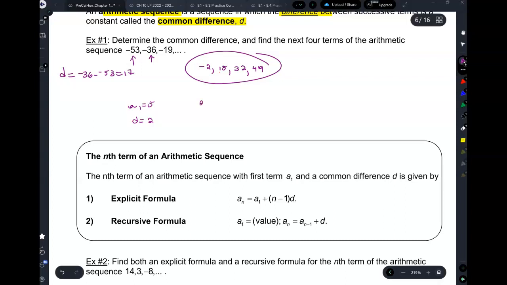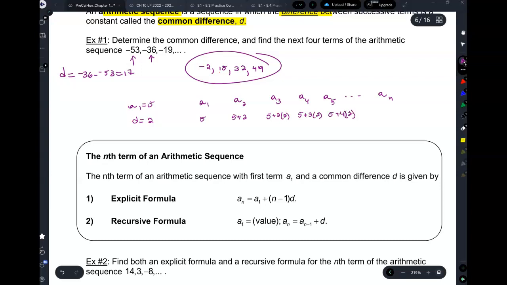Let's write down all the numbers: A1, A2, A3, A4, A5, and then we're going to go to AN, okay? So A1 is 5, right? A2 is 5 plus 2. Then 5 plus 2 plus 2, so 5 plus 2 times 2. Then 5 plus 3 times 2. Then 5 plus 4 times 2.